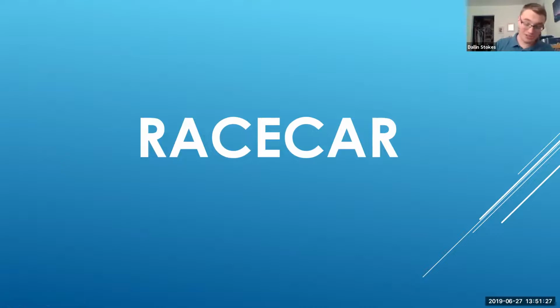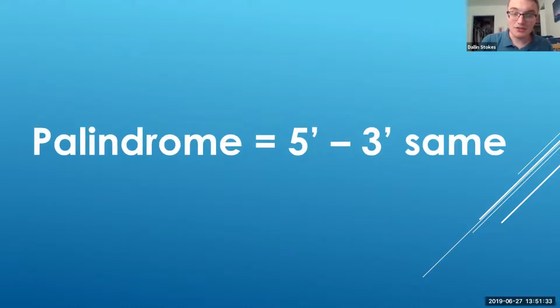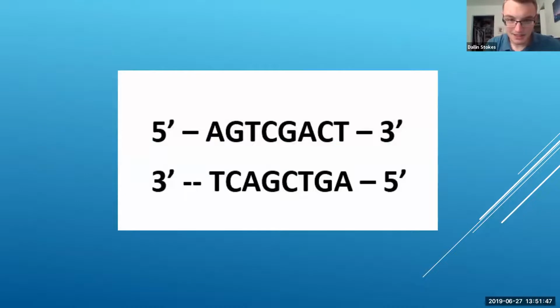There's numerous ones of these, but that's the theory. With genetics, a palindrome is where, going from the two parallel strands, the anti-parallel strands, are spelled the same way going 5' to 3' on both strands. Like this. Here's an example.